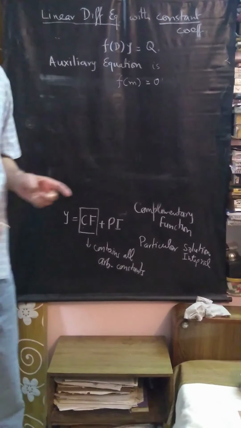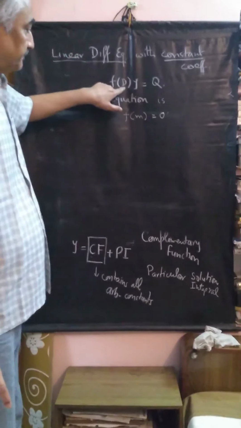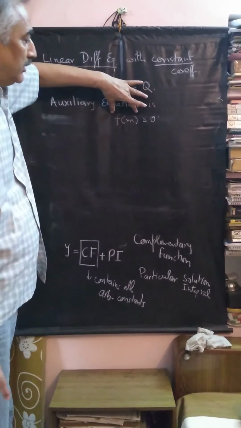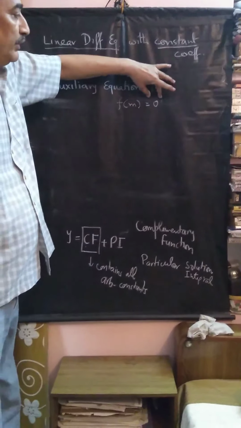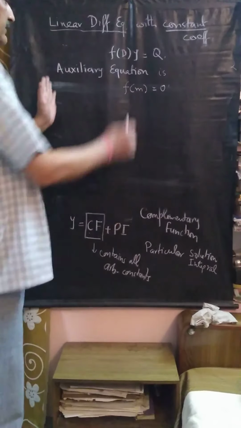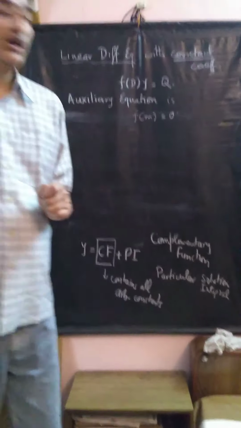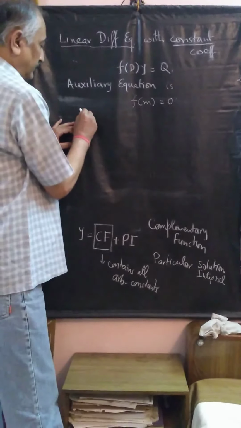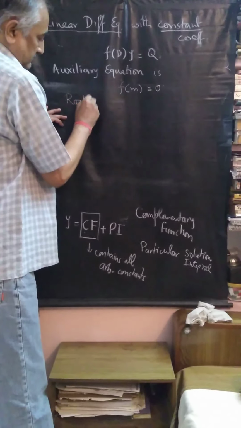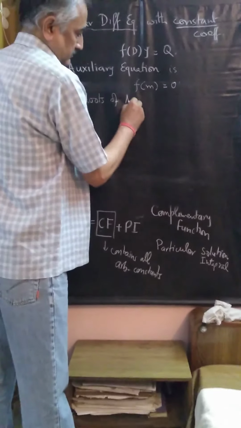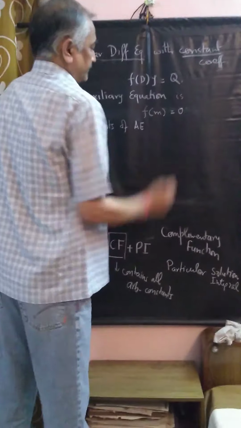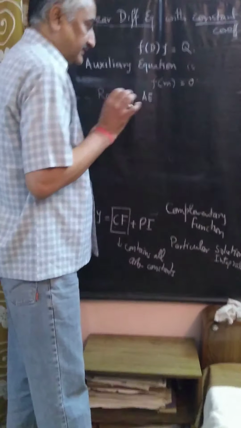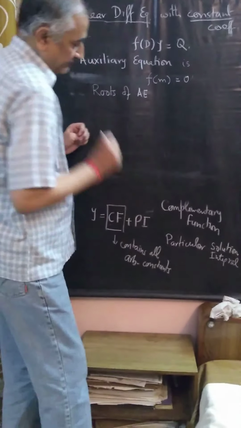So what you will be doing, you will be putting m in place of D, get a polynomial, equate it to 0 and get an equation. That equation is known as the auxiliary equation. Now the roots of this auxiliary equation will decide the complementary function.